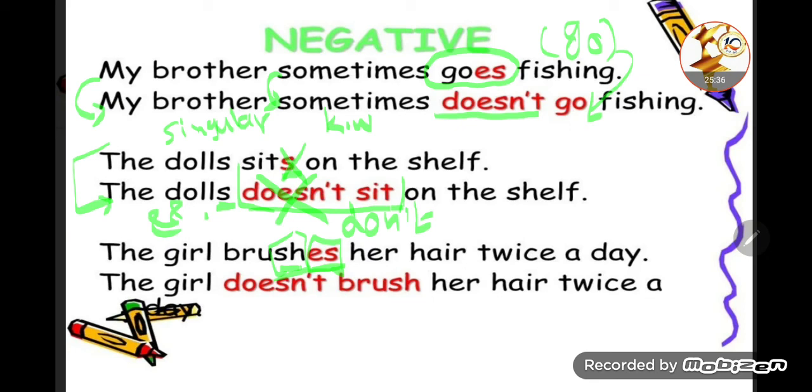I bring down the subject as it is, then use the suitable negation tool. Is girl singular or plural? Of course it's singular. So we use doesn't. Then we put the verb in the base form, so instead of brushes it becomes brush.